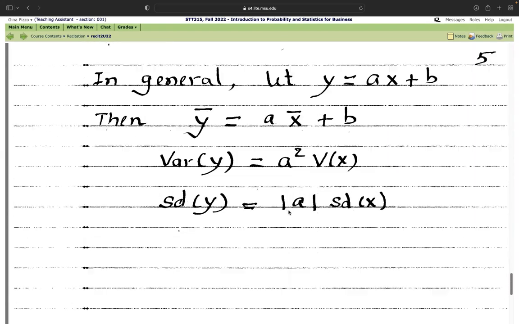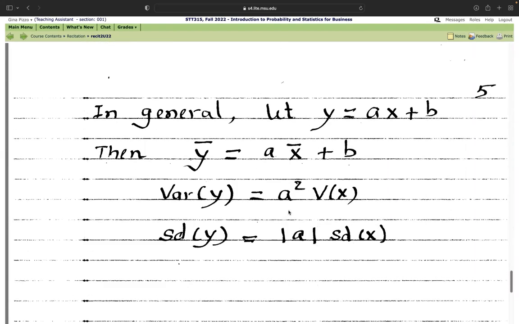All right, and then the last part is, so in general, let y equal ax plus b. Then the mean of y equals a x bar plus b. So here a and b are constants. So yeah, the mean of y is a x bar plus b.